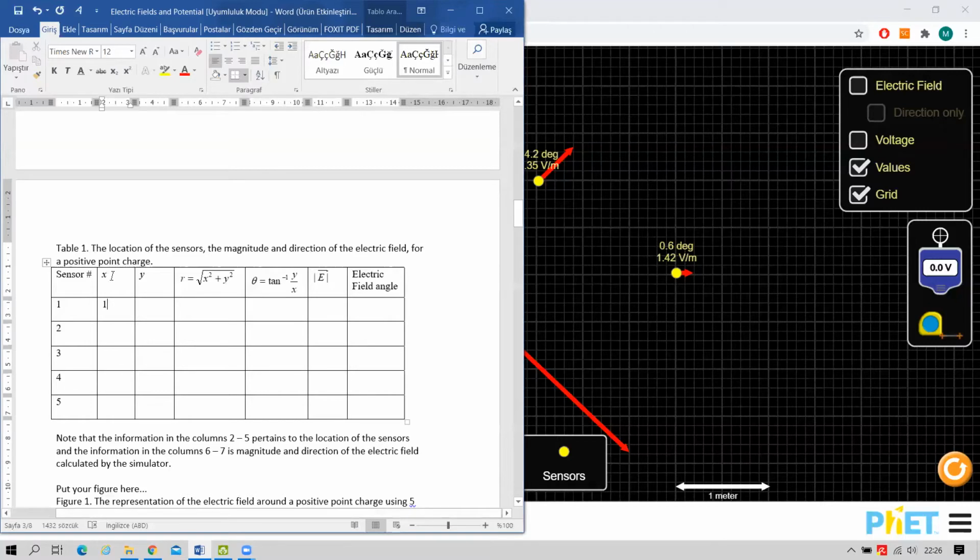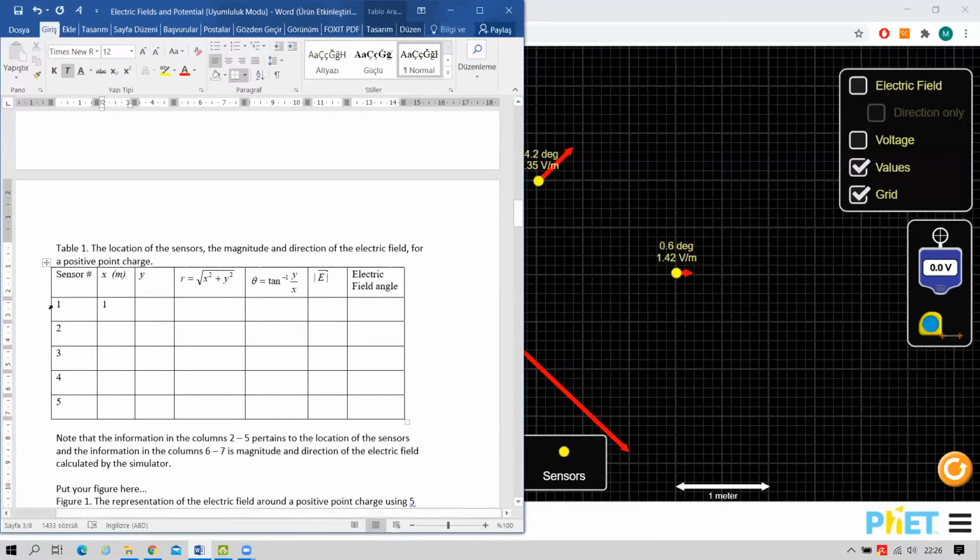X is in units also. Let me show the unit of X. You should also do this. The unit of X is meters. So I just put one because the first sensor's X distance is located 1 meter away from the source.